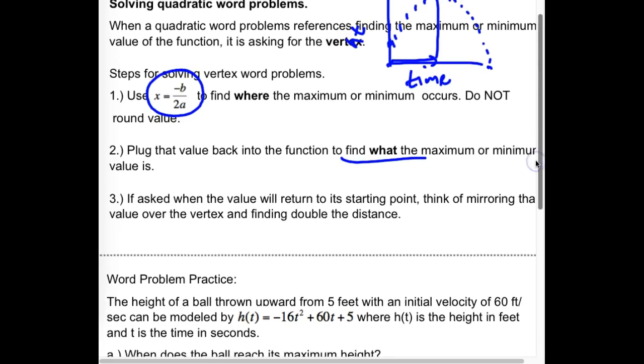Sometimes they will ask you at what point, after how much time will the ball be back at its starting height? Okay, we did one like this yesterday. So typically we don't start a ball on the ground, right? We're throwing it, our arms up higher off the ground. So the question is, at what time would it be at that same height? What do we remember about that?